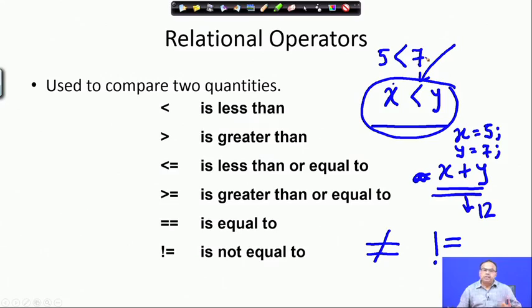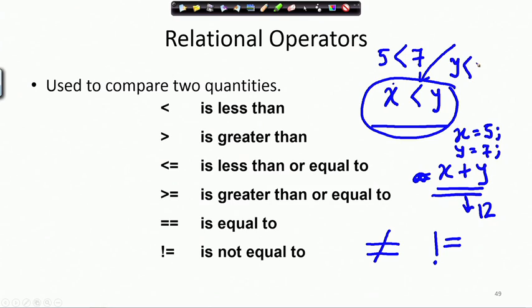Any relational operator gives me only true or false, 1 or 0. So, when I say x less than y and x is 5, y is 7, it is true. Therefore, x less than y in this case will return 1.